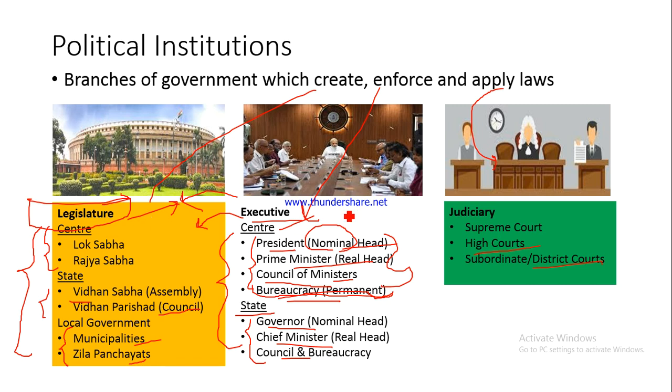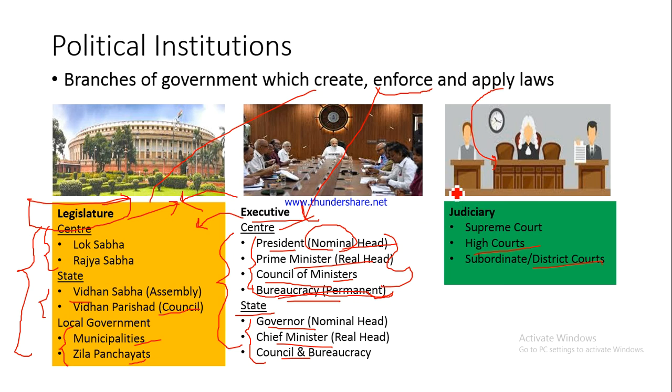Is this okay? So what I'm trying to tell you is that the executive has the job to enforce, but they cannot make changes on their own. They have to obtain permission, seek permission from the legislature. Is this fine? Clear? And in case there is a conflict, then the judiciary steps in, right?